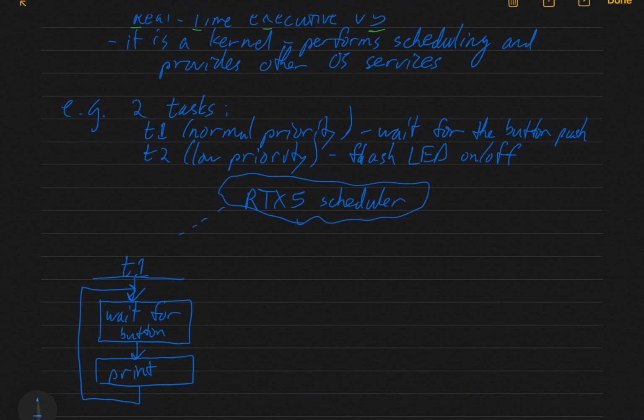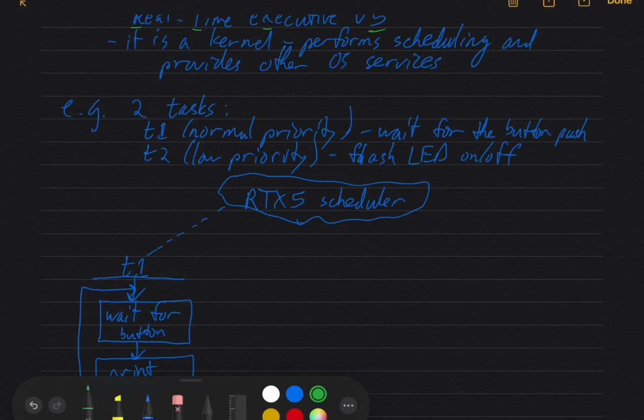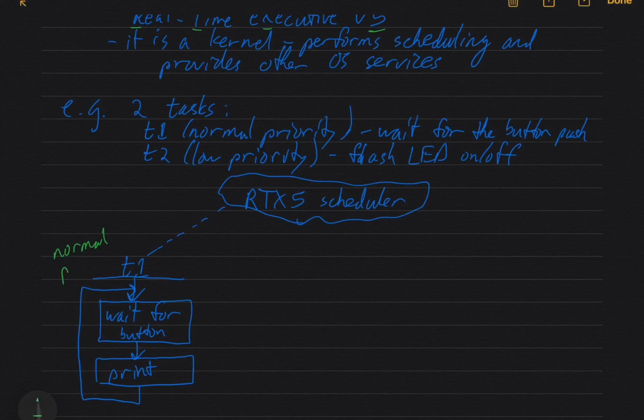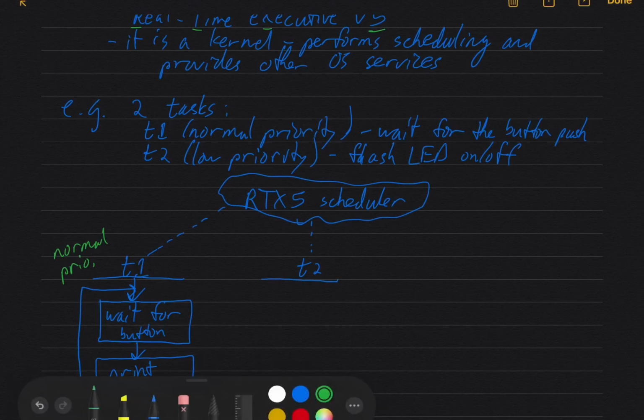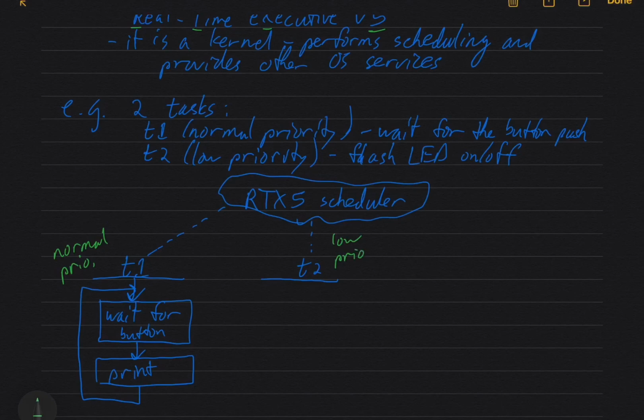So I'm going to have a dotted line from the scheduler to T1. Sometimes it will decide that T1 should run. And T1 has normal priority. And then we've got task 2, which will also sometimes be told by the scheduler to run when it decides that it should. And it is low priority.